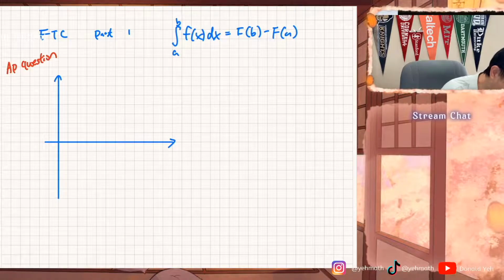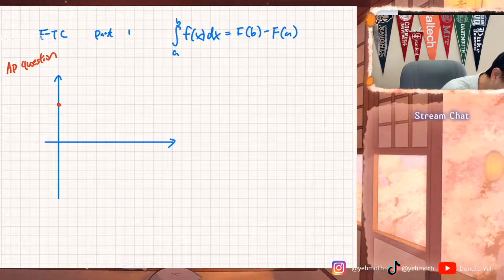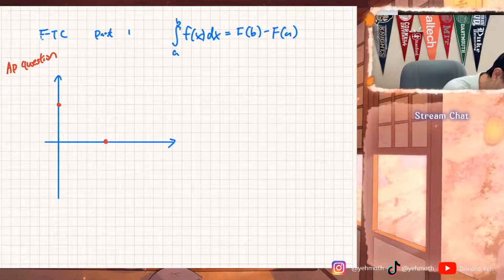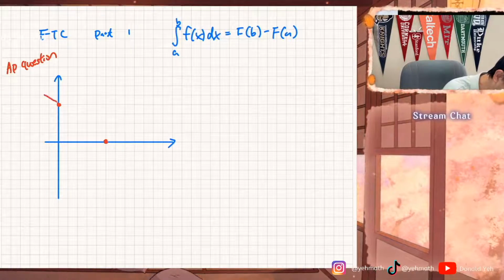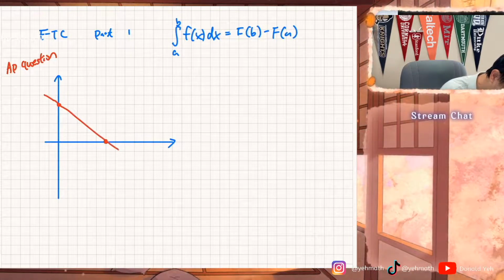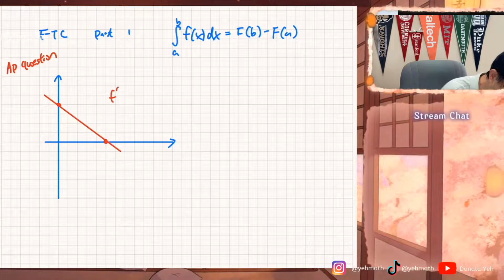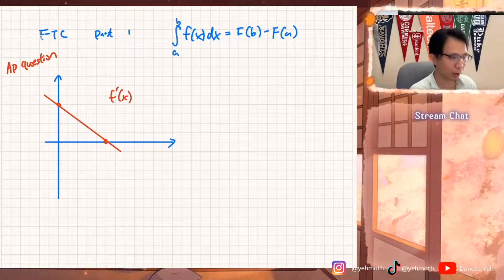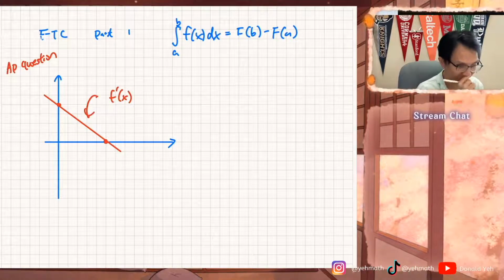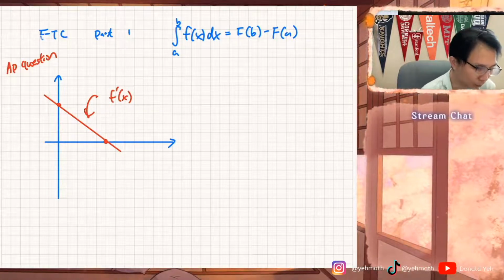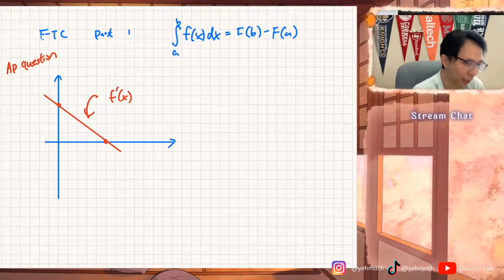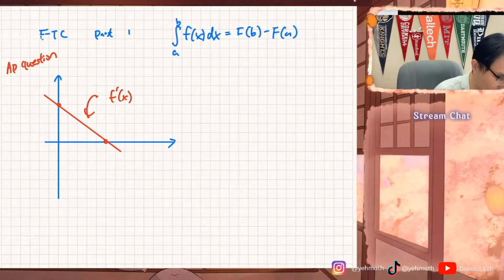Now, something like this, you probably have a line. And if you have this f prime of x, we're going to call this function f prime of x. Now, the way the question will be worded is like this.